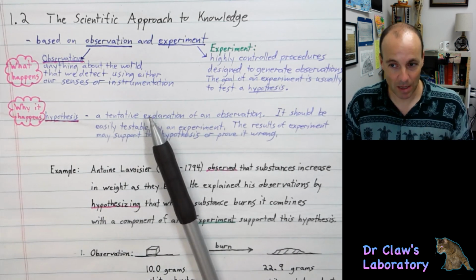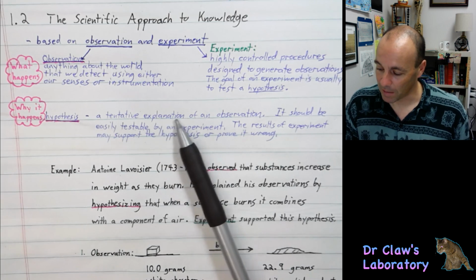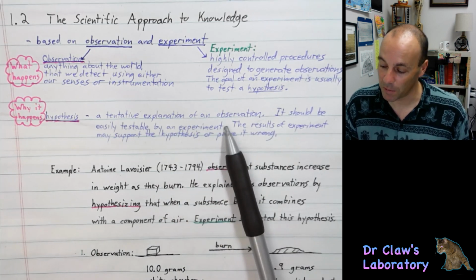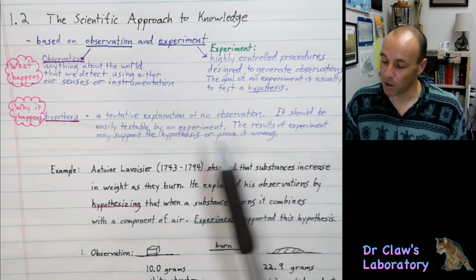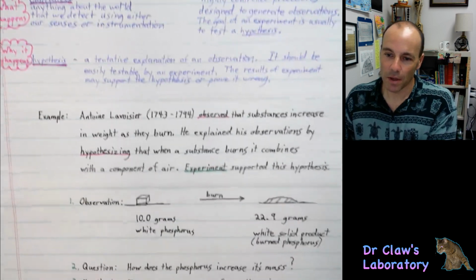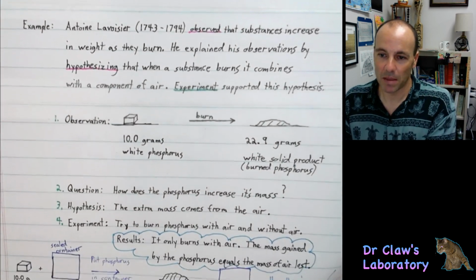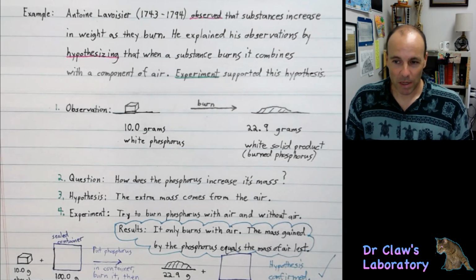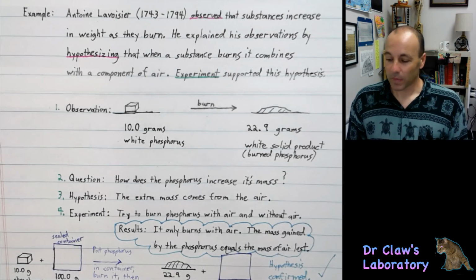You haven't confirmed it yet. It's tentative, an explanation of the observation, and it should be easily testable by an experiment. And the results of the experiment may support it or prove it wrong. So here's another example of the scientific method that your textbook talks about, but maybe we'll explain it a little bit more thoroughly here.